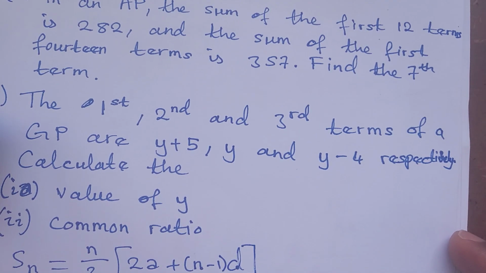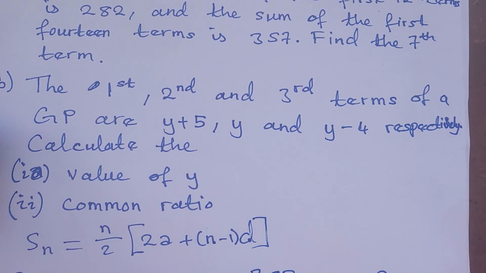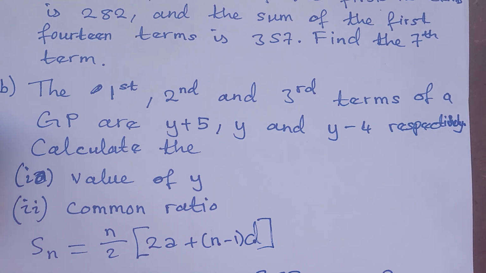Okay, so part B is saying the first, second, and third terms of a GP are y plus 5, y, and y minus 4, respectively. Calculate the value of y and then calculate the common ratio.